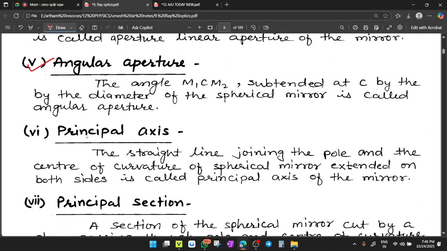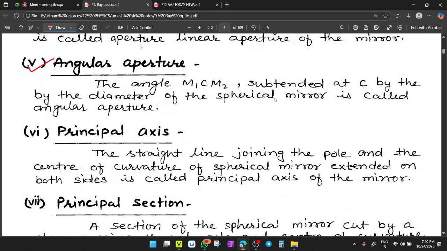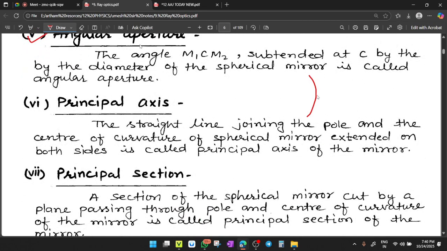Next, principal axis. The straight line joining the pole and the center of curvature. Here this is the pole and this is the center of curvature. An imaginary straight line joining the center of curvature to the pole is called the principal axis.